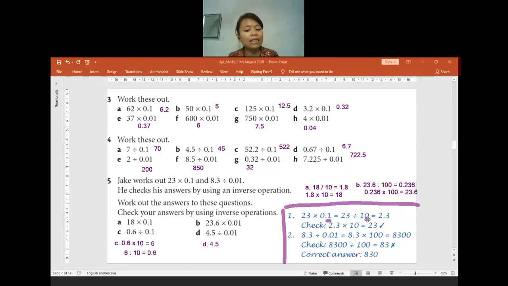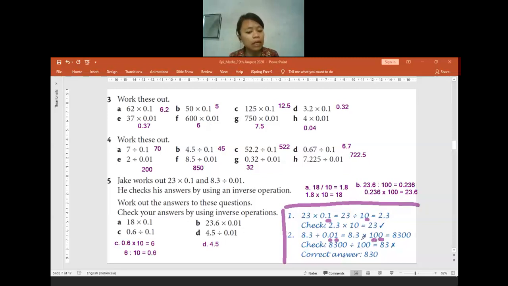So when we multiply by 0.1, it is the same as dividing the number by 10. Later, if we divide the number by 0.01, two decimal places, we can multiply the number by 100 because there are two zeros in 100. So it will be easier for us to calculate.